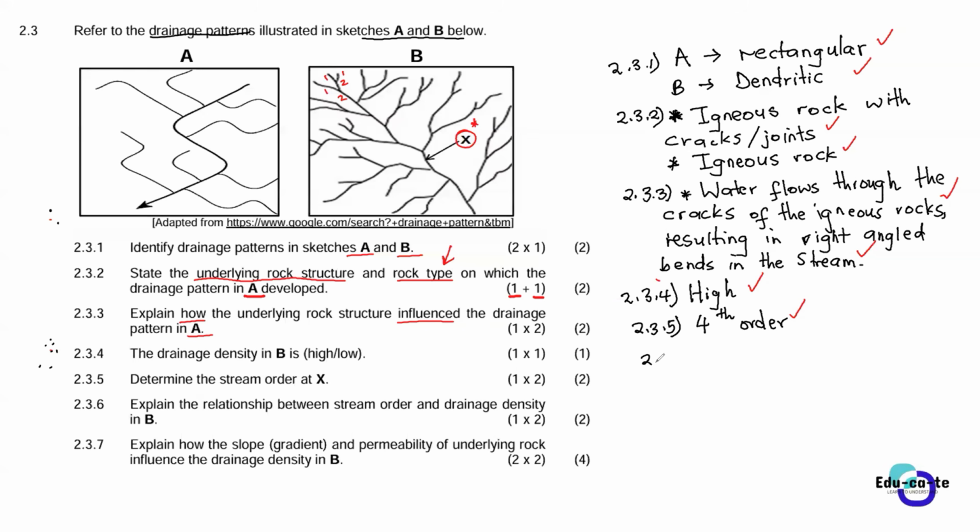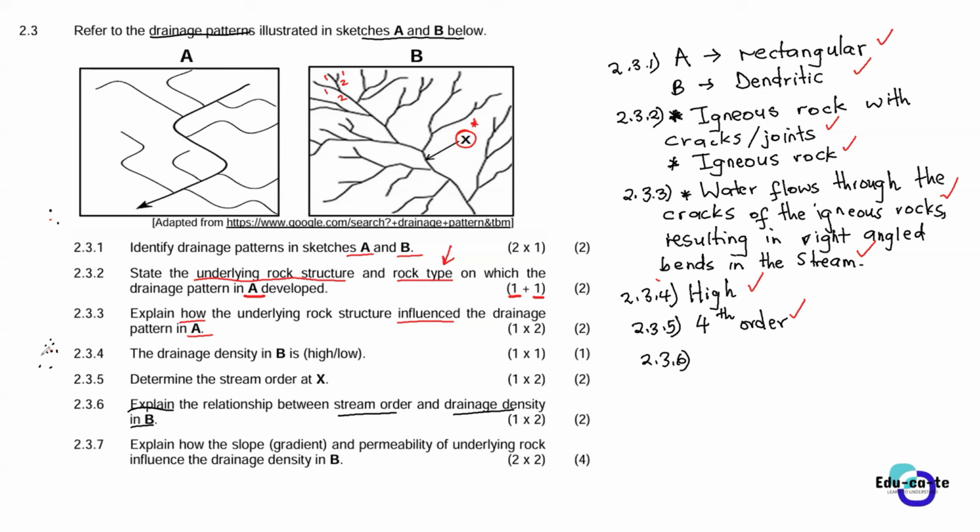Explain the relationship between the stream order and the drainage density in B. So you must give a cause and effect. What is the relationship between stream order and the drainage density?